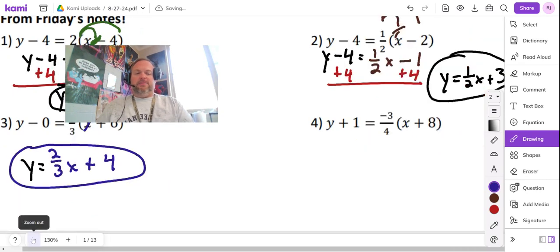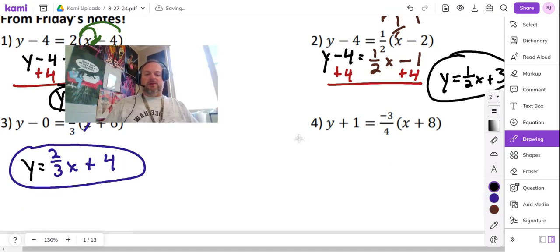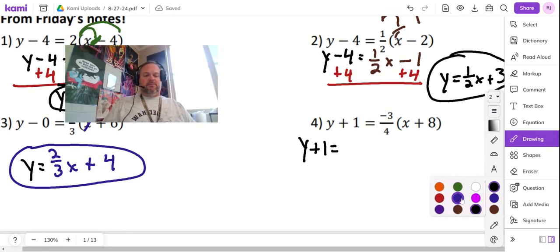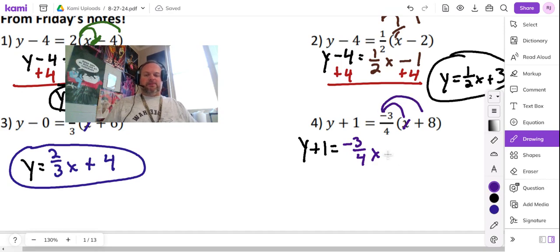And let me zoom out a little bit so that way people can get that one. All right. So we're going to leave this alone. This times this, so negative 3 over 4x. And then a negative times a positive, that's going to be a negative.